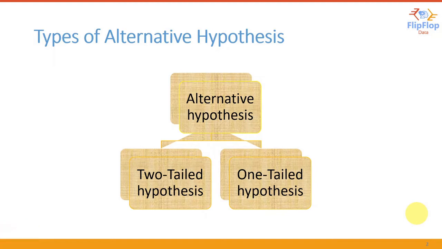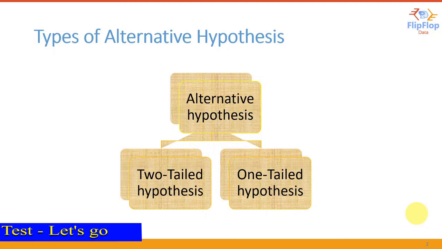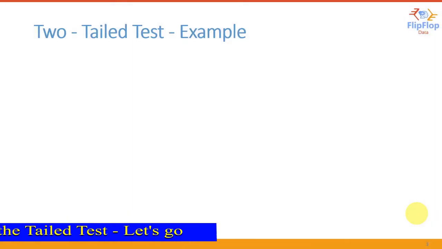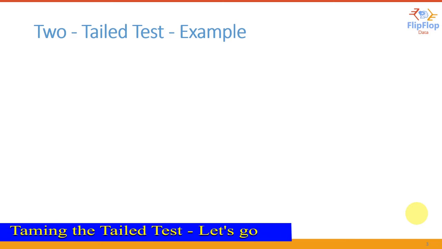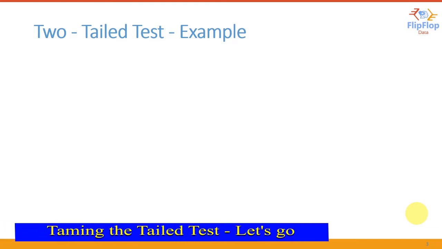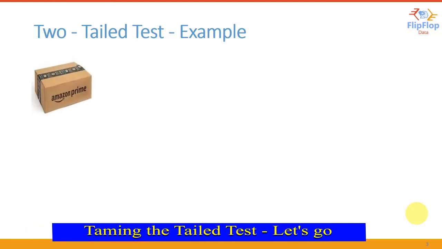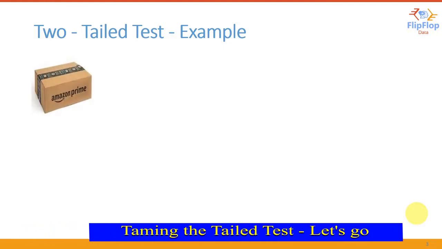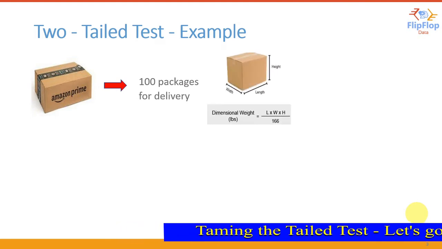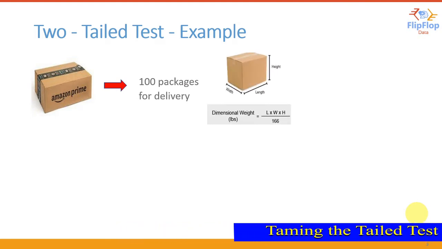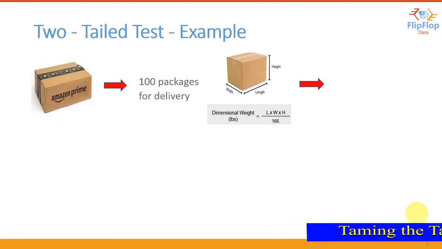So how do we define these? I will start with two-tailed tests. Let's understand this with an example. Suppose an e-commerce giant, Amazon, has 100 packages to deliver to its customers, and the mean weight of the packages is mentioned to be 50 kg by the wholesaler or the manufacturer.